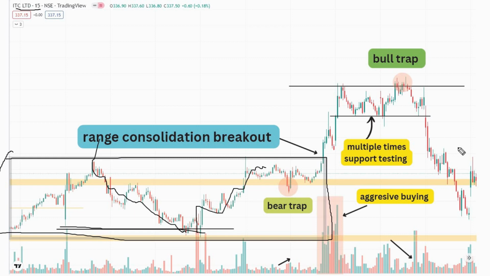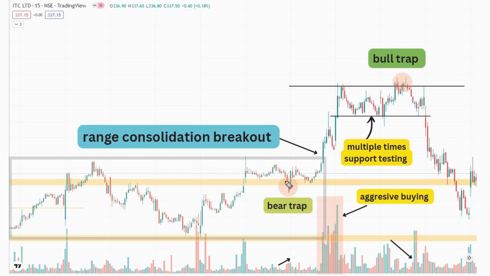Now see, there is a very interesting pattern. See this selling pressure with increase in volume, breaking important support zones. Okay, so if sellers were very much strong, then what should have been the case?